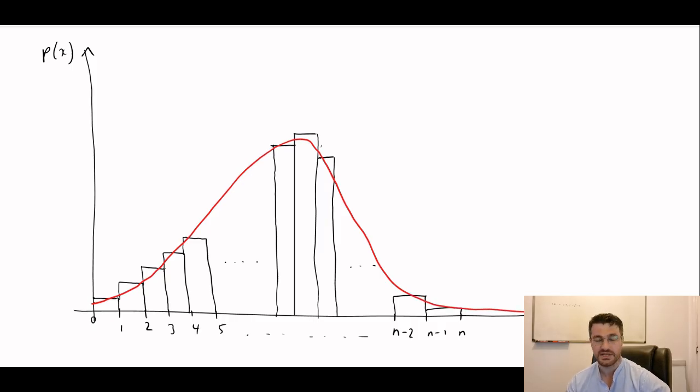This red here is a graph of just some normal distribution that seems to resemble the behavior. We can do this for the graphs of many different binomial distributions, and we see that in each case we can find a normal distribution that seems to fit. We might even find a few.